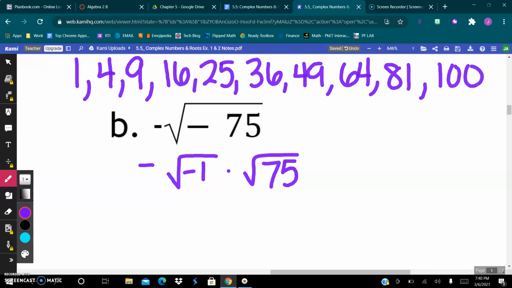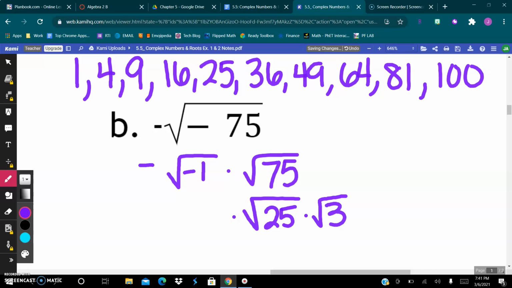Of course, they go farther than that, but that's the first 10 perfect squares. Those are the numbers you can take the square roots of and get whole numbers. We want to find one of those that can go into 75. 25 goes into 75 3 times. So I'm going to break the square root of 75 up into the square root of 25 times the square root of 3, because 25 times 3 is 75.